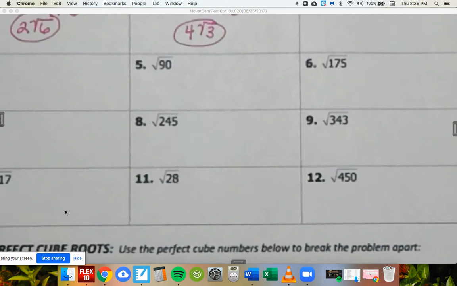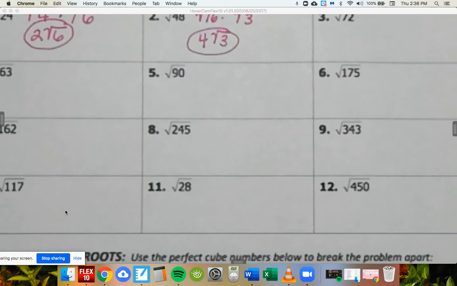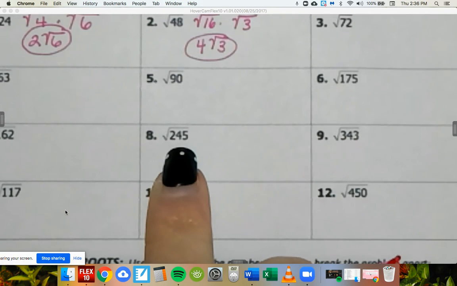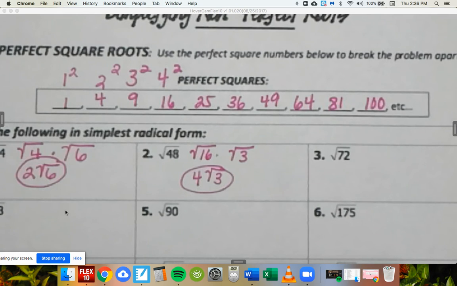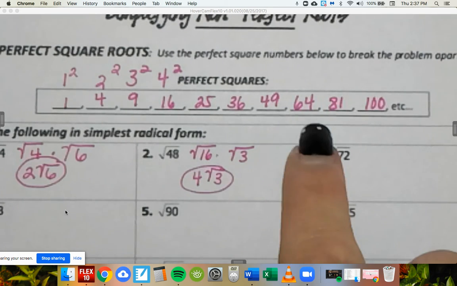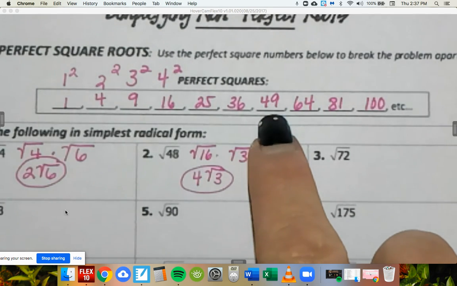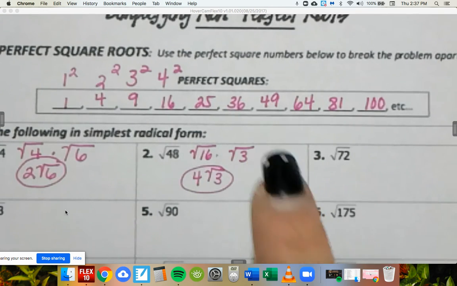Let's do, I don't know. You want to do a big one? You want to do like 245? Let's do 245. You could look at your prime factors, or your perfect squares, and well, 49 happens to be a factor of 245.